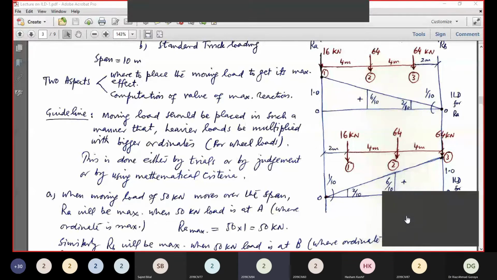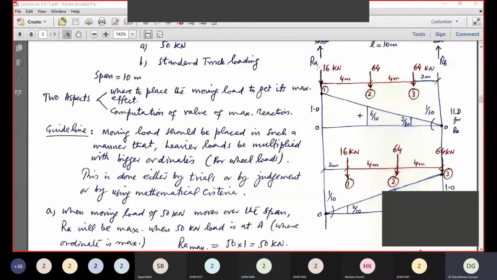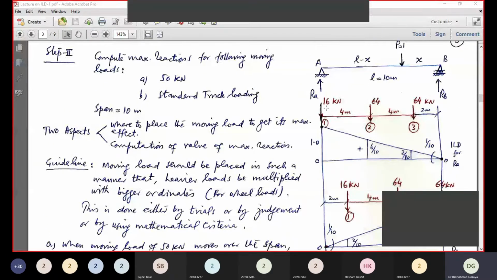ट्रायल वन देखें बेटा, ये आप ये डायग्राम देखें. RA, अब ये है V, ये हमने स्टैंडर्ड ट्रक लगाया ऊपर, ठीक है. यहाँ 16 इन ये है, इसके कॉरस्पॉन्डिंग ऑर्डिनेट 1 है. दिस 64 का जो कॉरस्पॉन्डिंग ऑर्डिनेट है वो 6 by 10 है. इस 64 जो थर्ड व्हील है इसका कॉरस्पॉन्डिंग ऑर्डिनेट 2 by 10 है, ठीक है. और ये ऑर्डिनेट कैसे आने हैं ये भी मैंने आपको बता दिया है, विद द हेल्प ऑफ दिस स्लोप and these horizontal distances.